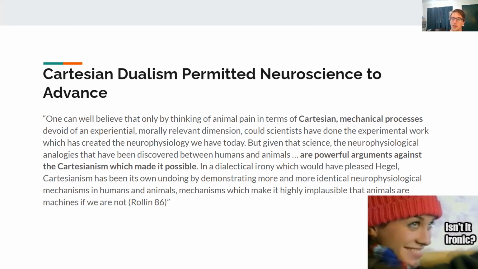But it comes to find out that the structures, especially in primates, analogous to humans are so similar we can't actually say that these animals are not experiencing pain. These mammals aren't experiencing pain, but it's ironic that we discovered this because we believed that was not true.